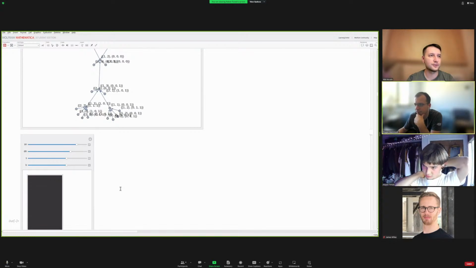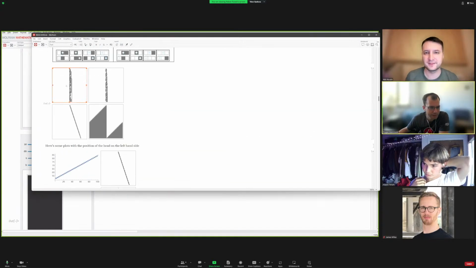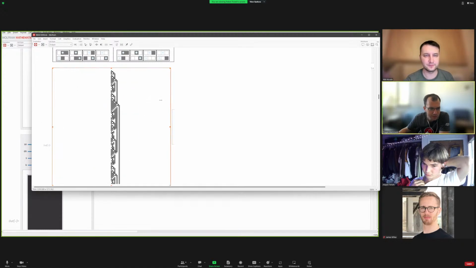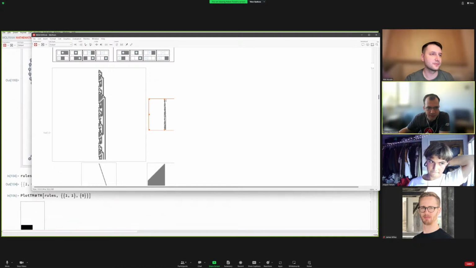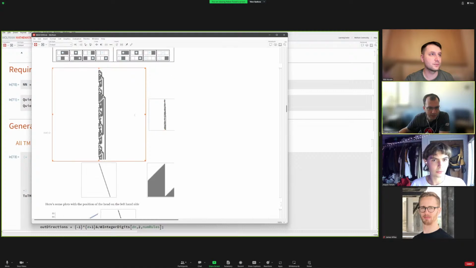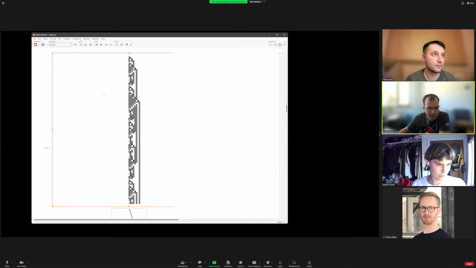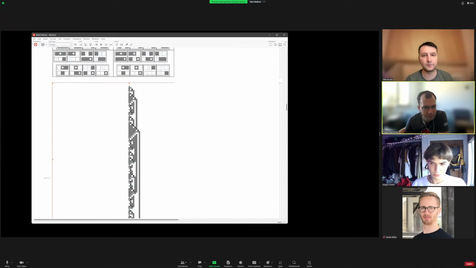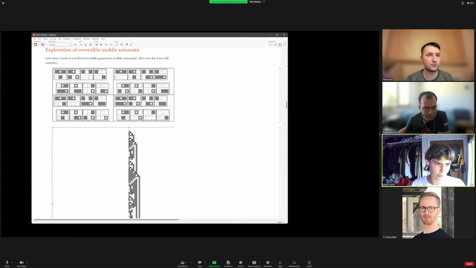Awesome, awesome. I want to just take a look real fast at these behaviors, which are interesting. So this is the mobile automaton. I made a rule that can reverse a state.